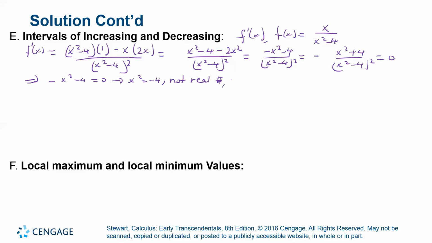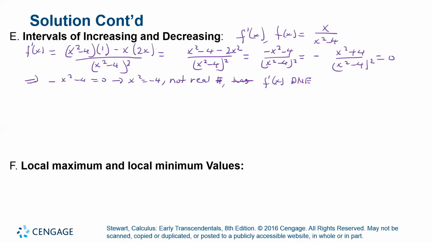Before you conclude, we also have to check where f prime of x does not exist. If you take any x value there, if x is 2, you're going to have the denominator to be 0.